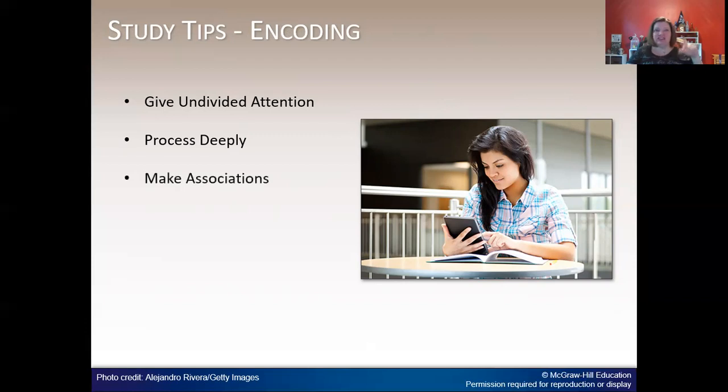Making associations, again, that's connecting brain cells, making more connections. If you think of it as a web, the more places that web is connected, the more avenues there are to get back to that main information. Using imagery.